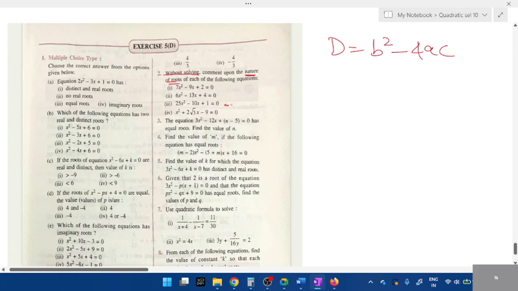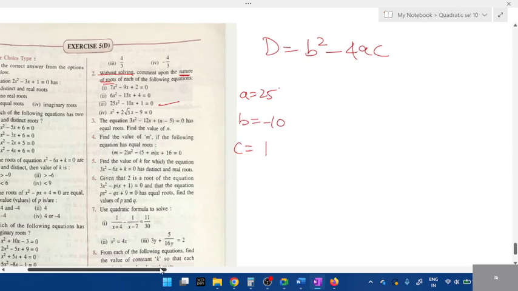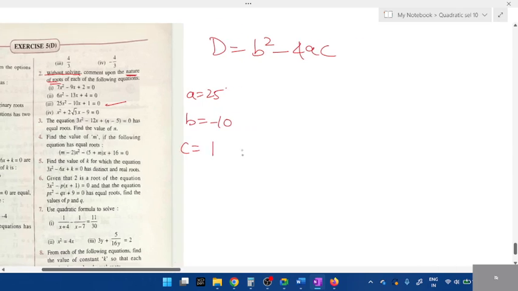Let me take the third question. Only one question. What are the values in the third one? a is equal to 25. b is equal to minus 10. c is equal to 1. Okay. Complete this. What do you get? b square is minus 10 the whole square minus 4 into 25 into 1.